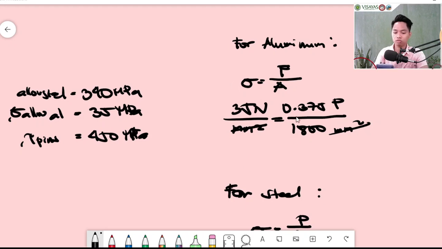So we are going to use P equal to 168 kilonewton.